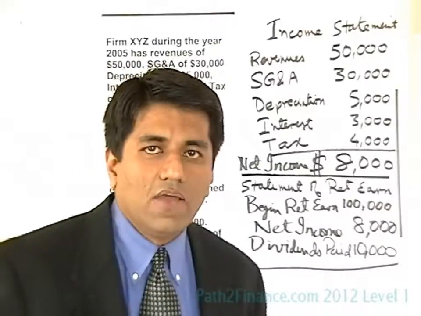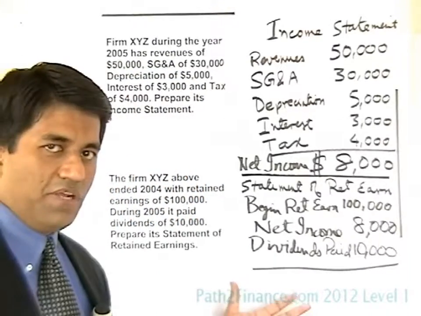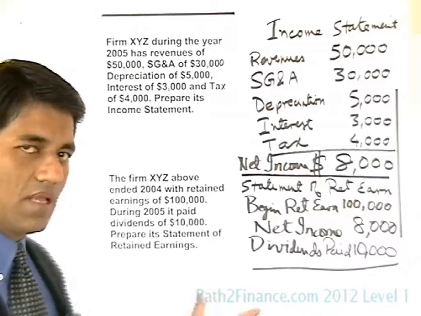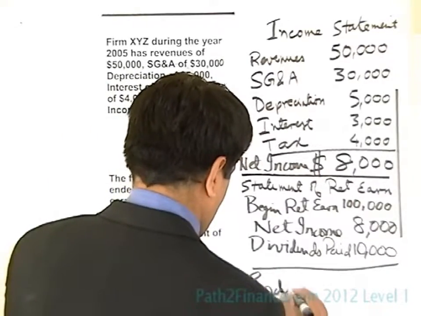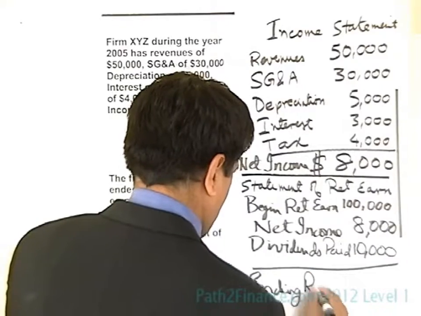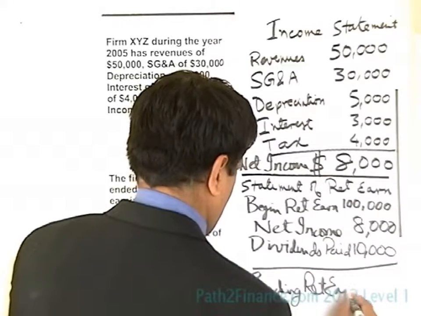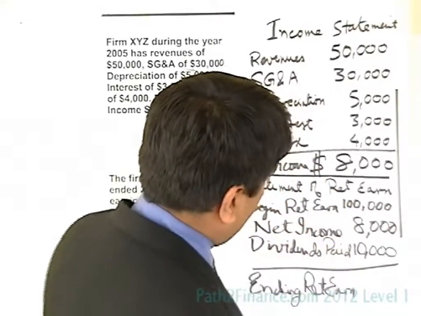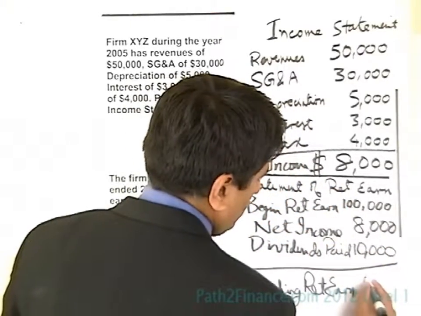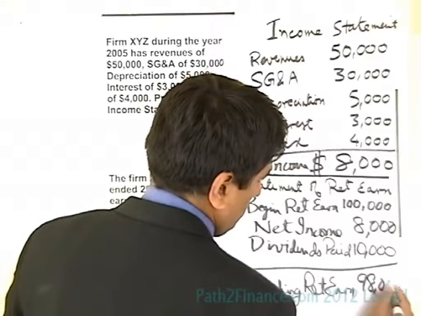And that will give us the retained earnings at the end of the year. So ending retained earnings will be 100,000 plus 8,000 minus 10,000. So that will be 98,000.